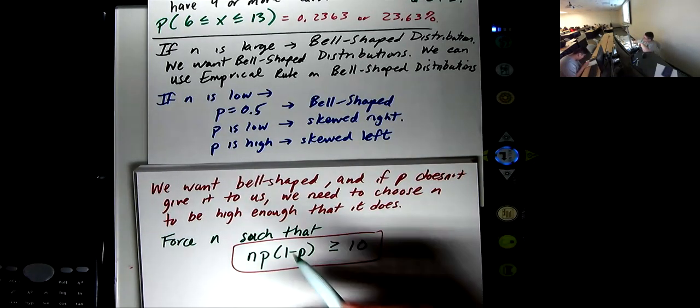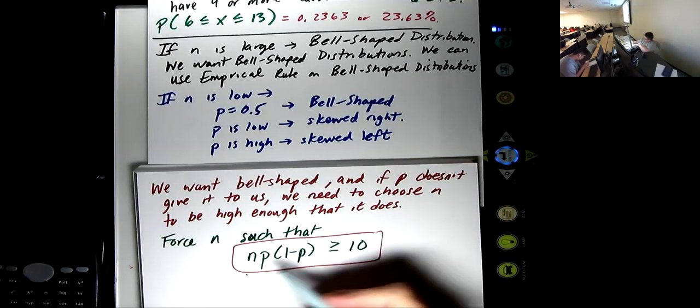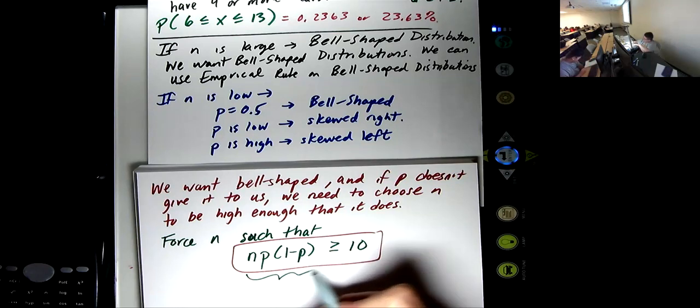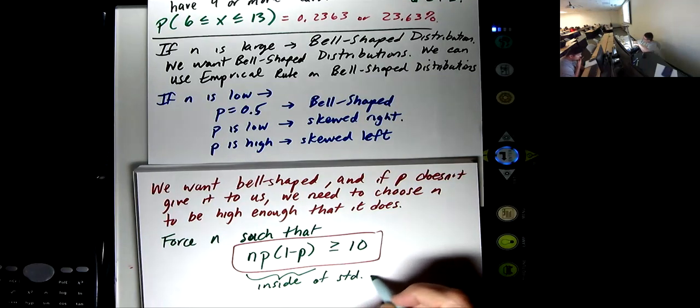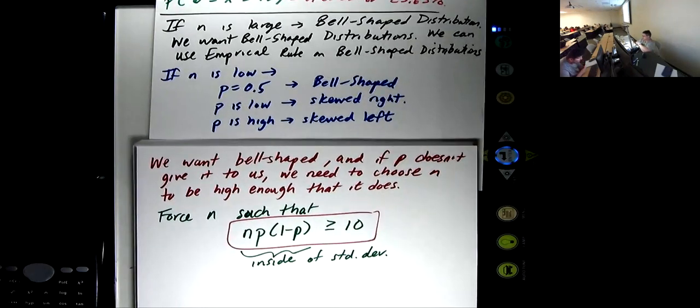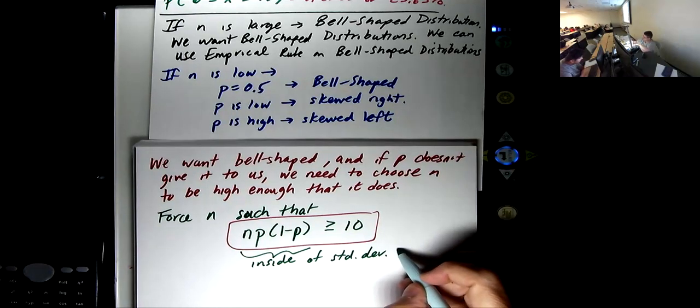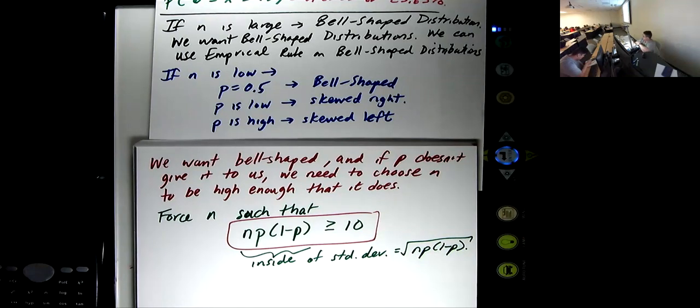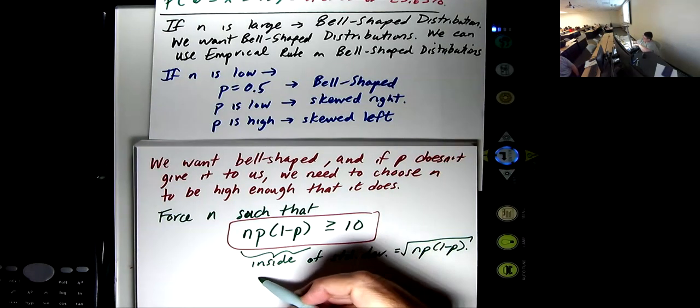It might help that this is N times P times 1 minus P, which was the inside of the standard deviation, which was the square root of N times P times 1 minus P. In fact, when it's not the square root, this is called the variance.